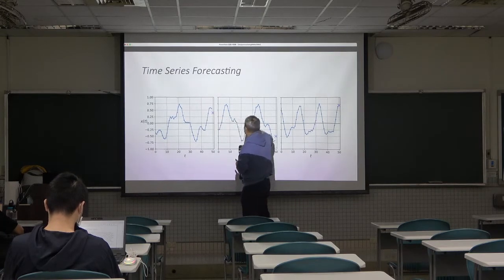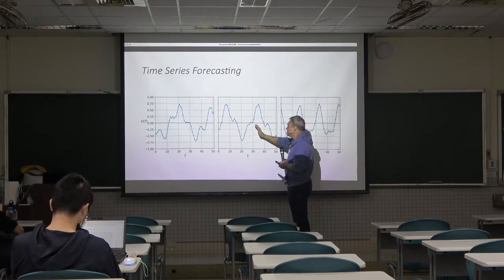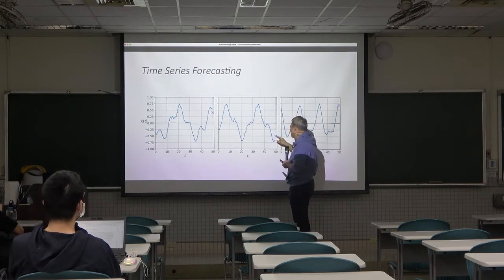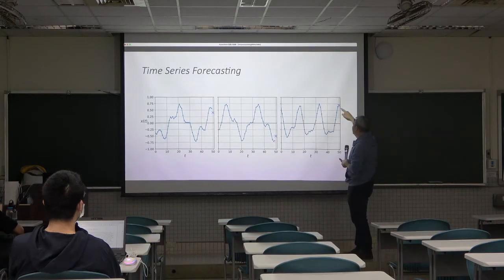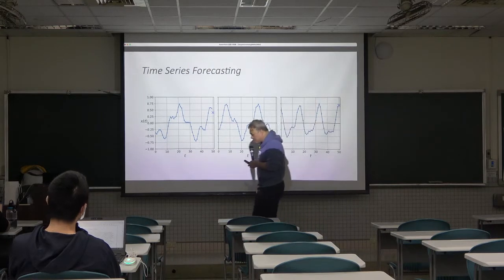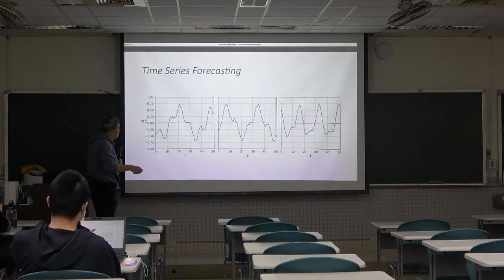In this one, you have the first 50 values, and the next value you want to predict is here. And in this one, the next value you want to predict is here. This is the thing that we want to deal with.